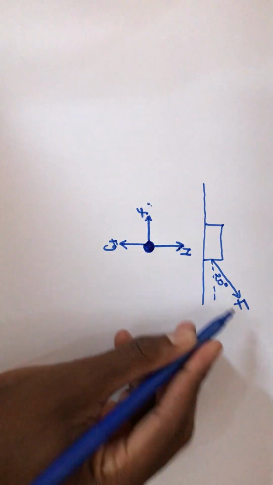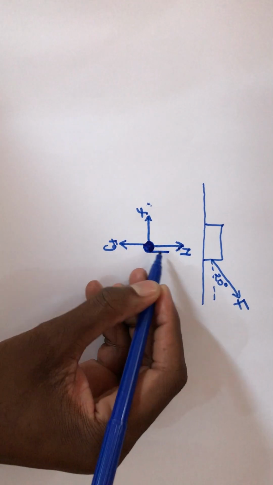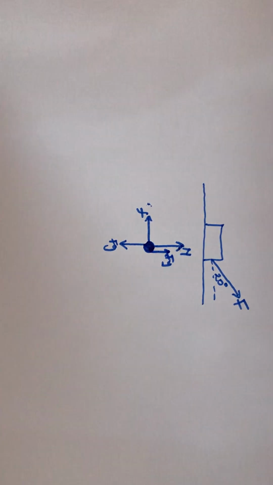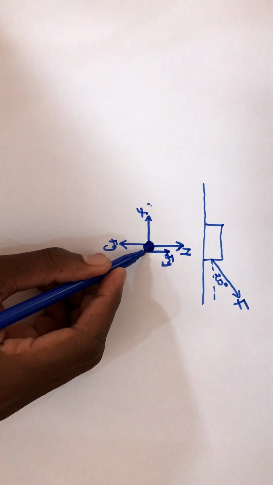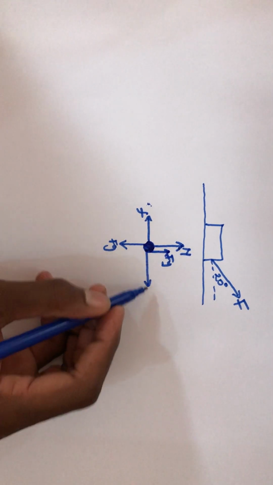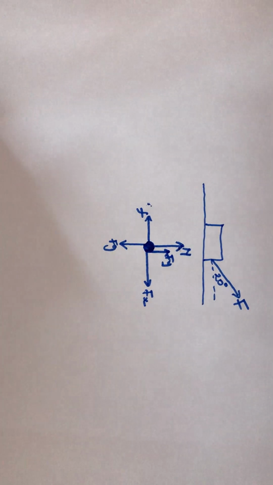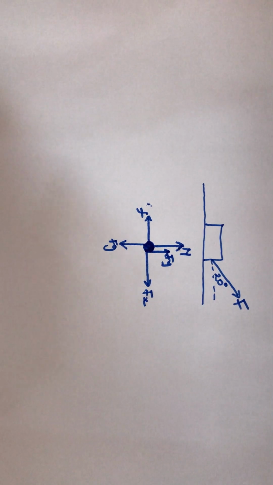Since it's acting at an angle upward, we have this force going up as Fy. So this is the vertical component of that F, and then there is this one going straight, we call it Fx. So this is the horizontal component of that force. Now, how are we going to calculate the normal force first?